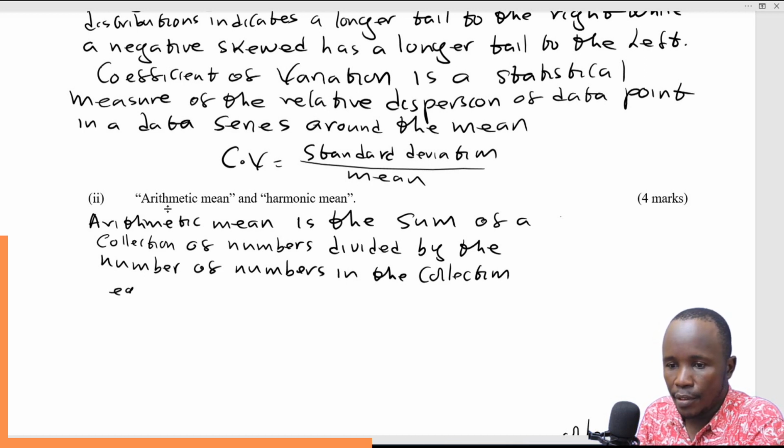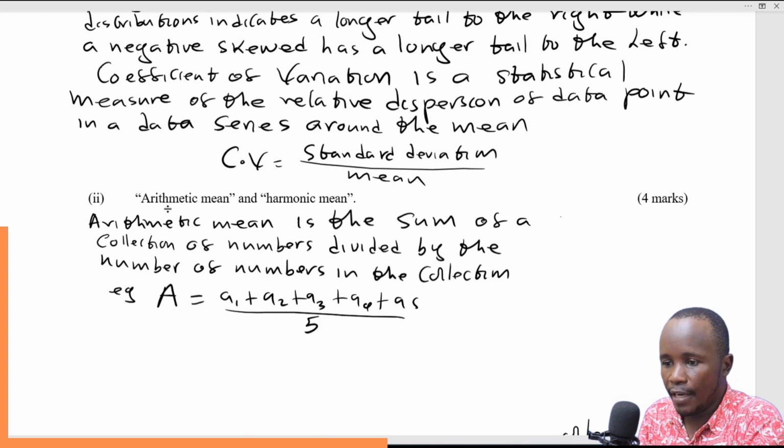That is, if you want to find the arithmetic mean of A, it is A1 plus A2 plus A3 plus A4 plus A5 divided by 5.